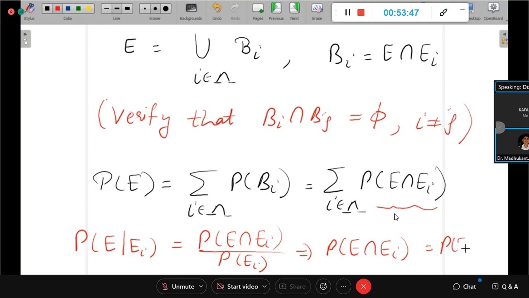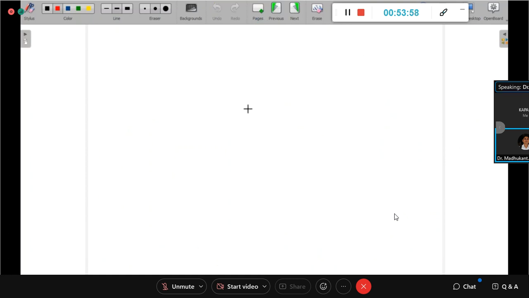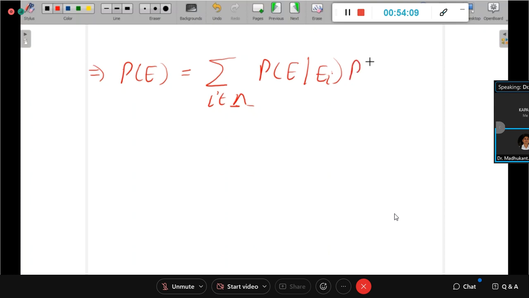So this implies probability of E intersection Ei is equal to probability of E given Ei into probability of Ei. Now these two together lead to this theorem, this final result. So that will tell you that probability of E is equal to the summation over i belonging to lambda of probability of E given Ei into probability of Ei.